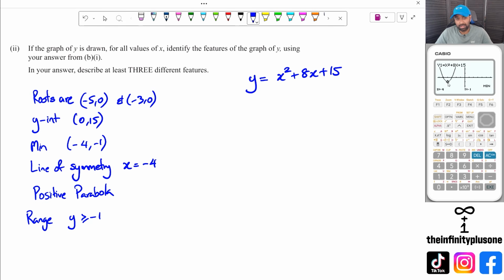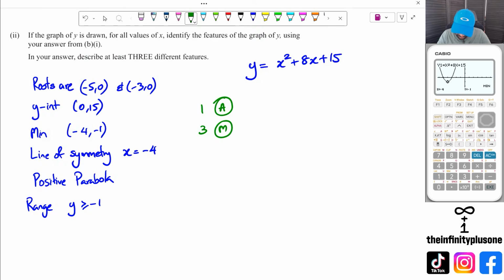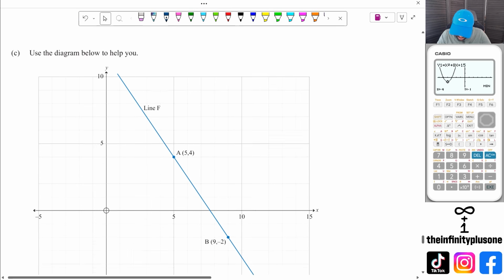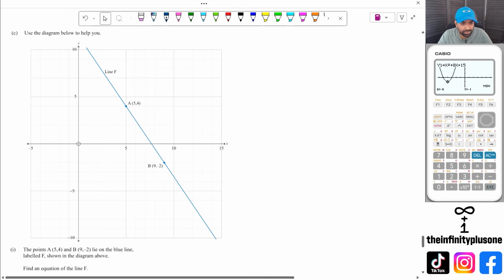So we've given 6 of these features. I think 1 feature will get you an achieved. At least 3 will get you a merit. Not a bad question. All right, let's go to C1. In this equation, we've got, okay. So from what I can tell here, they just say find the equation of the line.